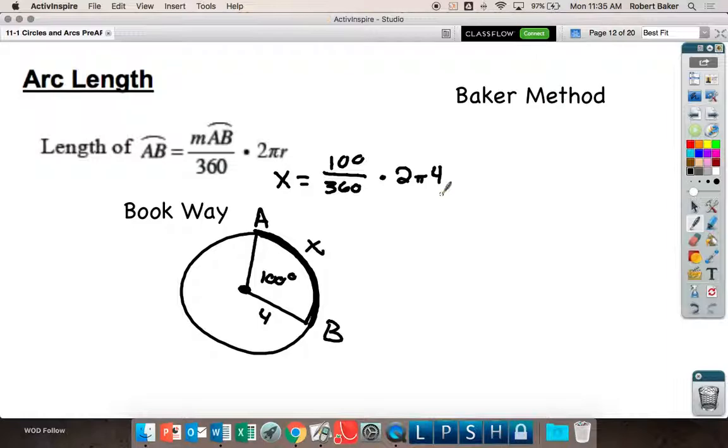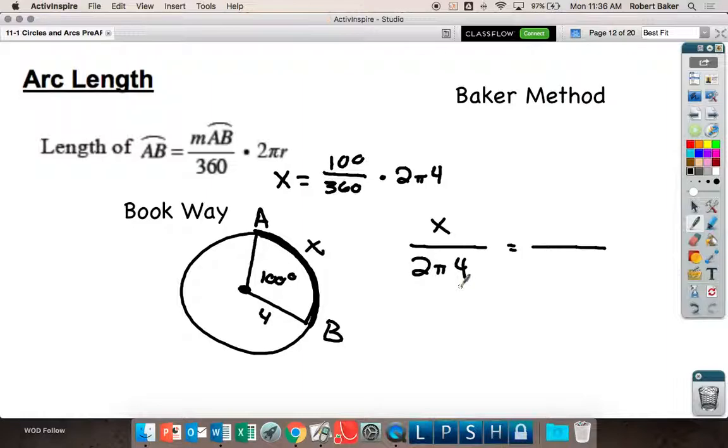Here's Baker's method. I like to cross multiply. We have two different sides of this equation. We have a length over a length, and we have a degree over a degree. So what is the length of this arc? I don't know, x. But what is the length of the whole circle? The circumference. Length.